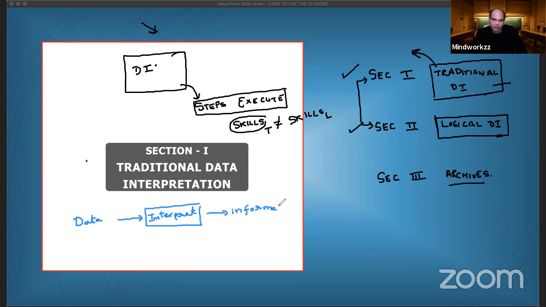So in a traditional DI question, the data is more or less static. It's given to you as it is. And as I said, all you have to do is extract the data, put it in the right formula, and calculate it.